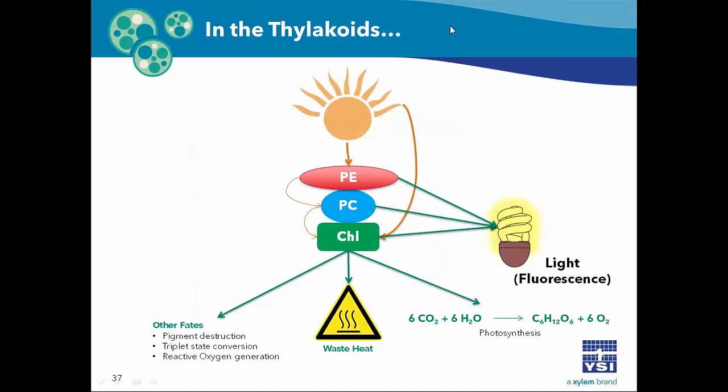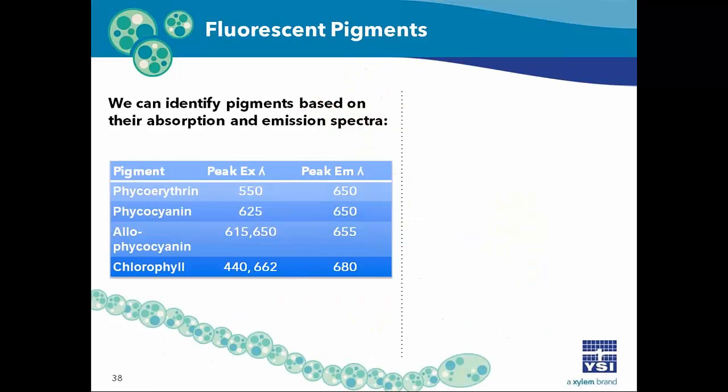So when you put it all together, in those thylakoid membranes, those pigments are absorbing light both directly from the sunlight, and then they are emitting light via fluorescence, and some of that emitted light actually hits the sweet spot for another pigment to absorb. And that is what we take advantage of in a lot of sensing technologies.